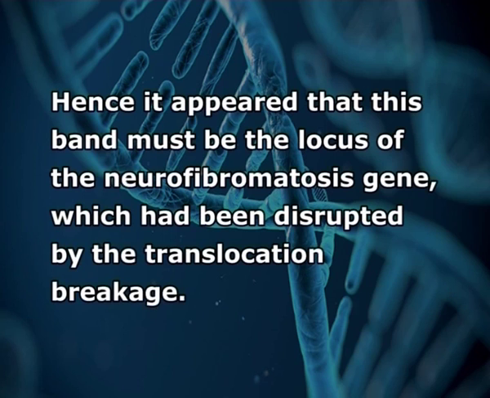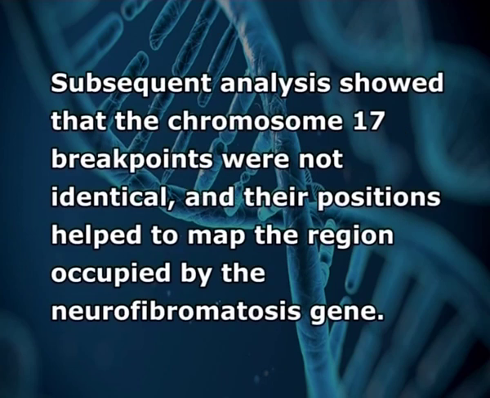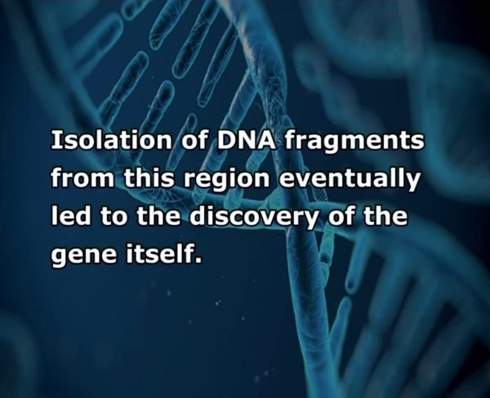Hence, it appeared that this band must be the locus for the neurofibromatosis gene, which had been disrupted by the translocation breakage. Subsequent analysis showed that the chromosome 17 breakpoints were not identical, and their positions helped to map the region occupied by the neurofibromatosis gene. Isolation of DNA fragments from this region eventually led to the discovery of the gene itself.